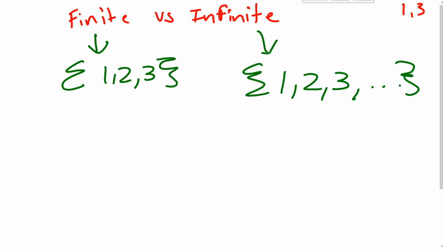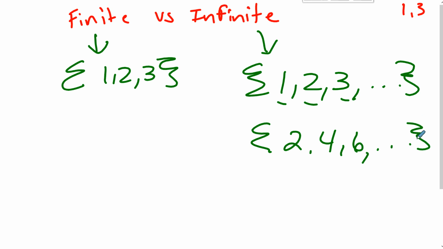So this would be 1, 2, 3, 4, 5, 6, 7, and it just keeps counting by ones. Another infinite set could be {2, 4, 6, ...}, which means it's counting by 2. Finite just means it ends eventually, and the elements in that set would all be listed.